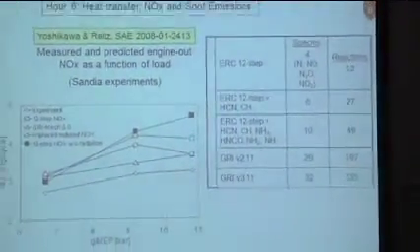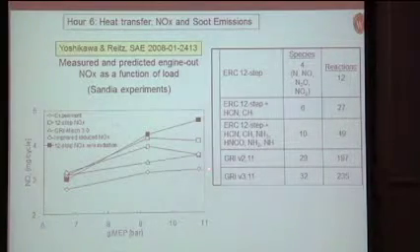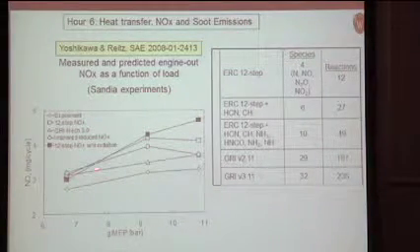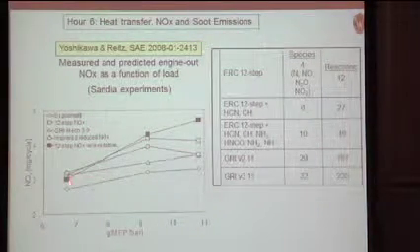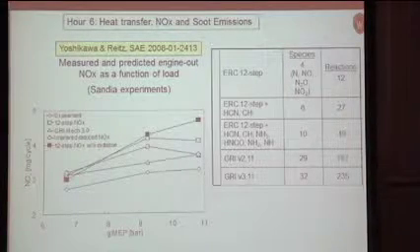Okay, so this just finally shows Takeshi's comparison with those detailed NOx models, from the 12-step model all the way up to the GRI with 235 steps. The experimental data is this data down here. And you can see all the models give roughly the right trend. This is NOx versus load or IMEP.